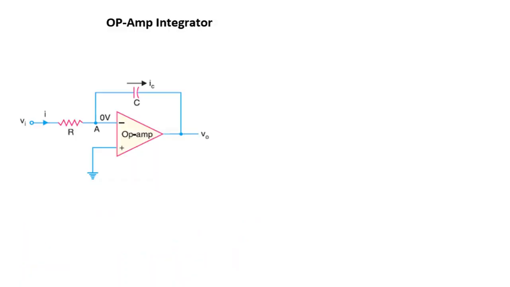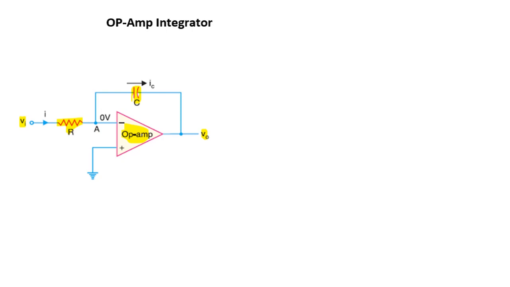As we discussed, an integrator is a circuit that performs the integration of the input waveform, and the circuit consists of an amplifier with an input resistance and a capacitance in the feedback network. If I give an input signal Vi here, then the output Vo will be the integration of the input signal waveform. Now let us analyze this circuit.